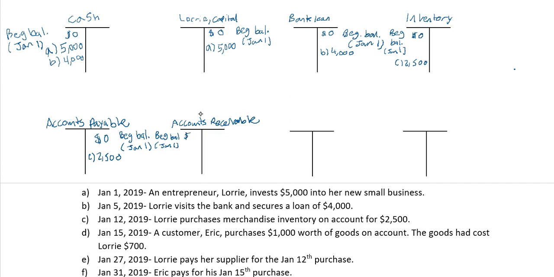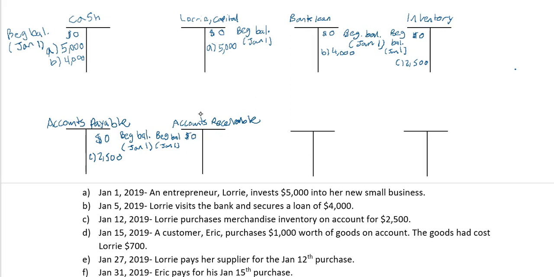Asset account beginning balance starts off on the left side, and then we can go ahead and post the first debit of transaction D right over here of $1,000.